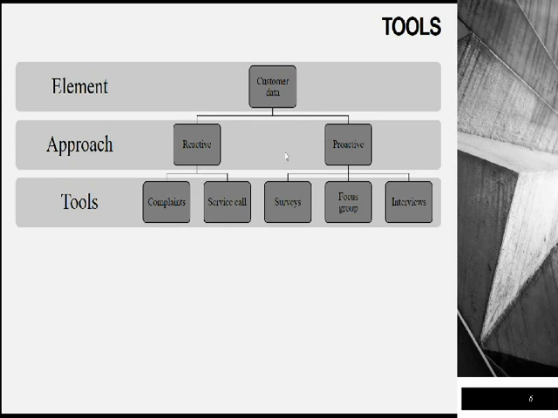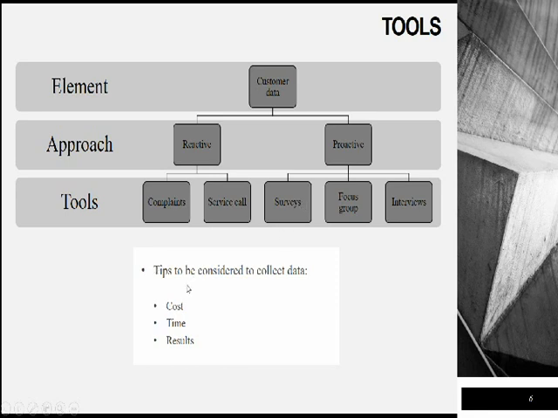And the other approach is proactive. In this situation, a strategy and structure is defined to get information through surveys, focus groups, and interviews. But there are some key factors that should be considered when acquiring data.